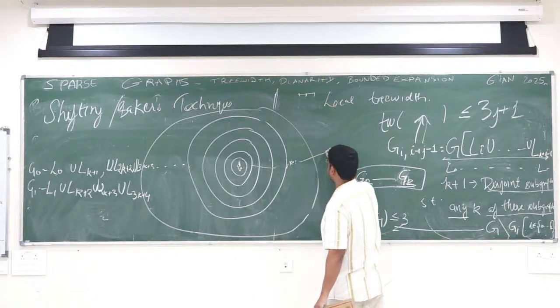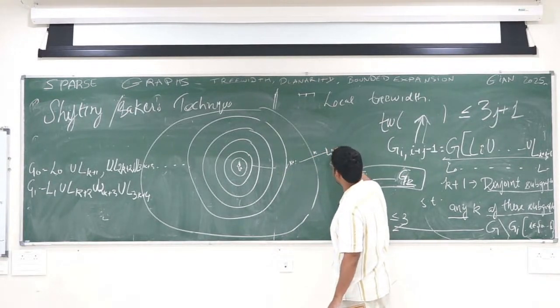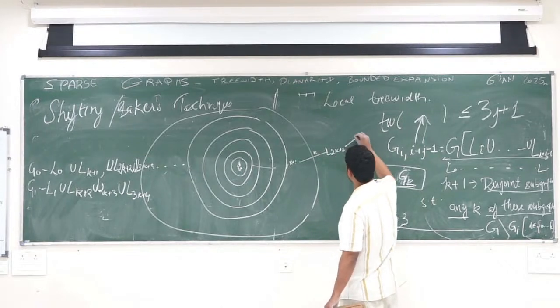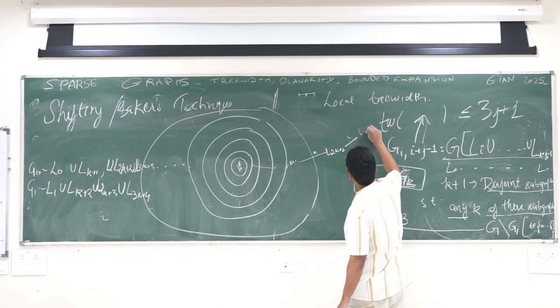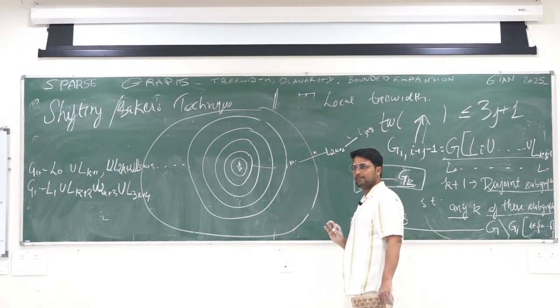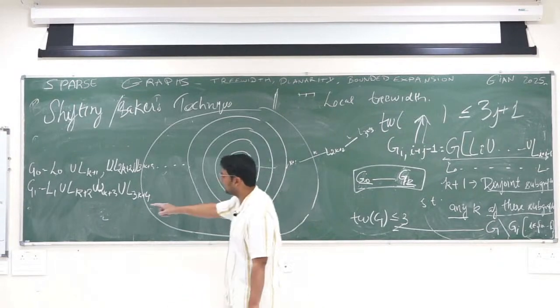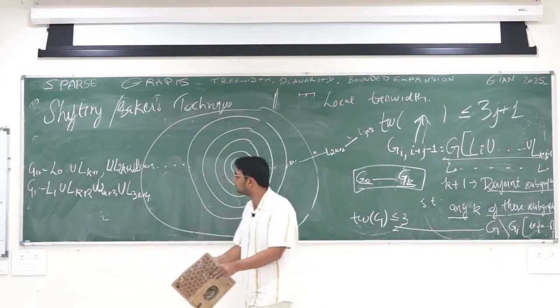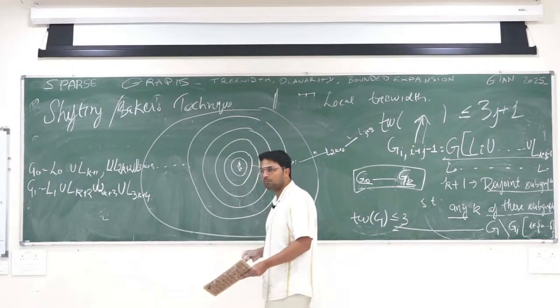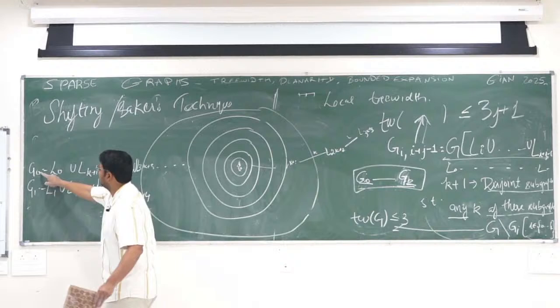Then again I leave k in between. Then I take L2k plus 2. Then I again leave k and take L3k plus 3. This is what I am doing. Now, how do I take graph 1? So these are just my layers mod this particular number, k plus 1.